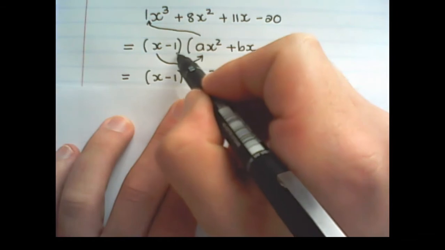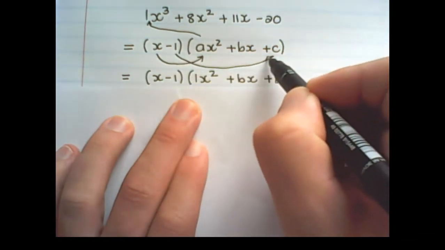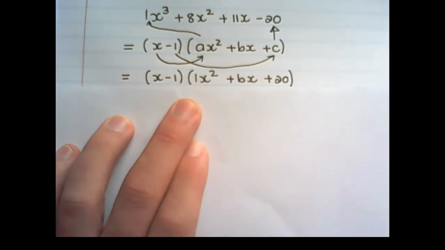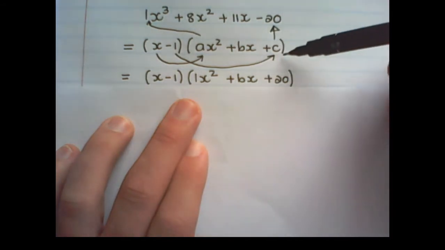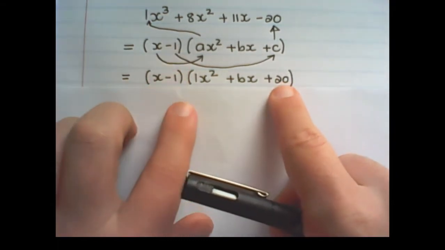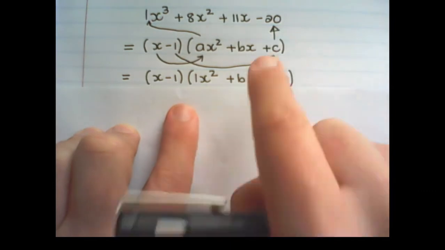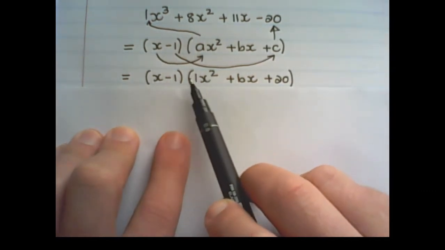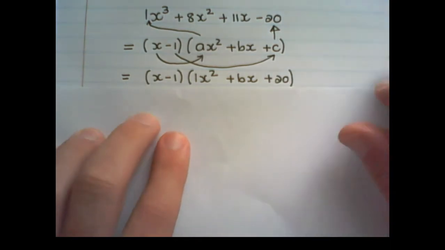Then to find the value of c, I multiply -1 and c, and I want to get -20. So the value that I need to replace c with is 20. So -1 multiplied with 20 will give us -20. And now I have the values of a and c.